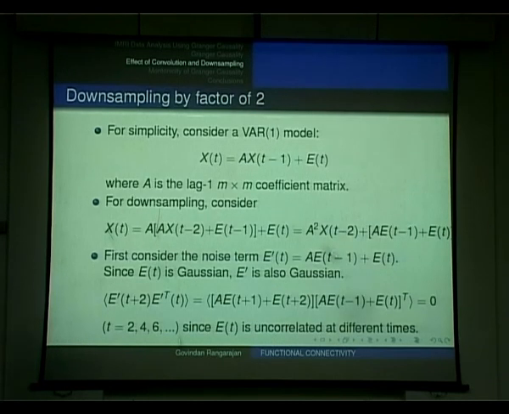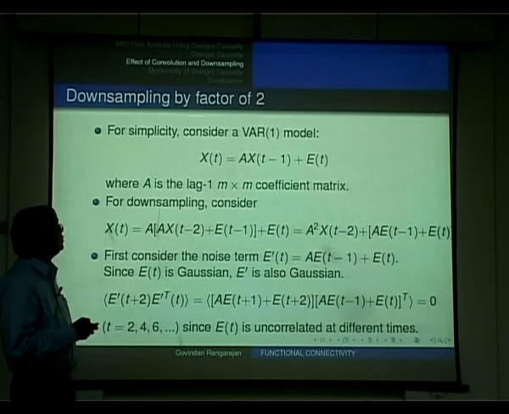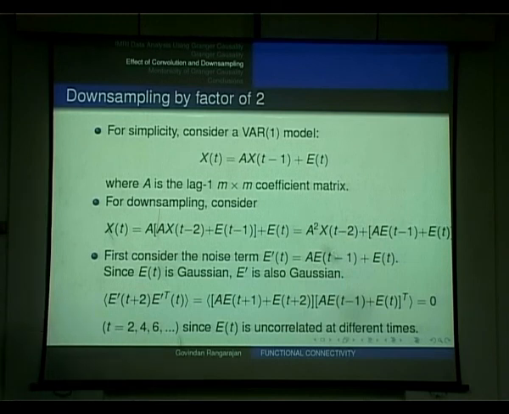Now let's look at downsampling by a factor of 2. I'm modeling the neuronal signal by an autoregressive process. I'm taking the simple example of an autoregressive process of order 1. That is, here I assume that x at time t can be predicted by using only one term, x at time t minus 1, just the previous time step, and then there is an error.